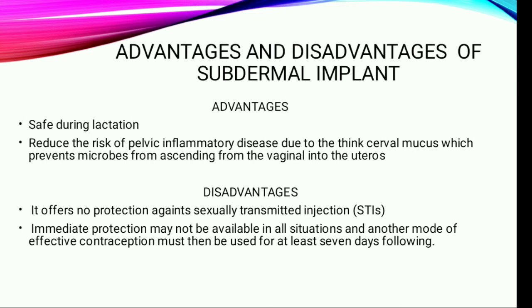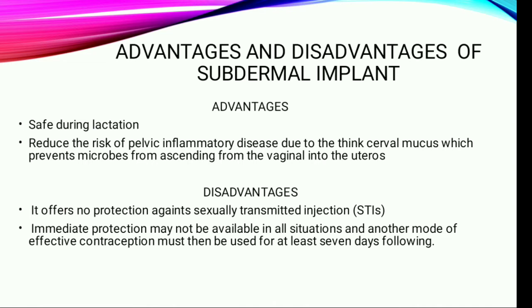So there are advantages and disadvantages of subdermal implants. The advantages are: safe during lactation, and it reduces the risk of pelvic inflammatory disease due to the thick cervical mucus, which prevents microbes from ascending from the vagina into the uterus.